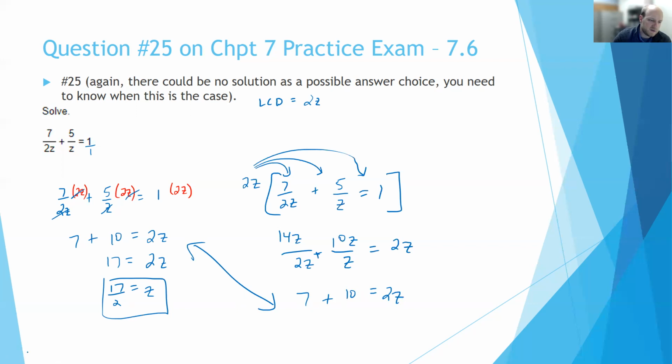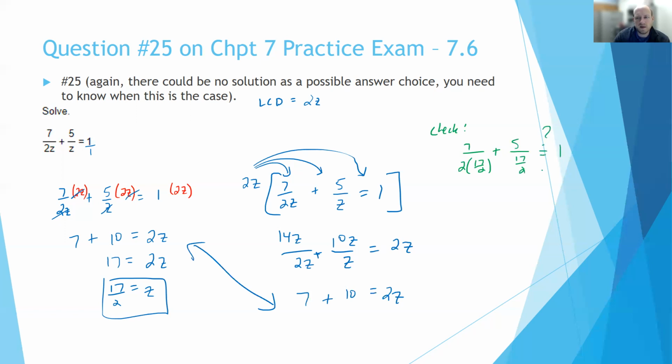But again, you do have to check to see, does this 17 over 2 make your denominator 0? Well, in this case, it's not. But let's just quick check to see if 17 over 2 is correct. So 7 over 2 times 17 over 2 plus 5 over 17 over 2.